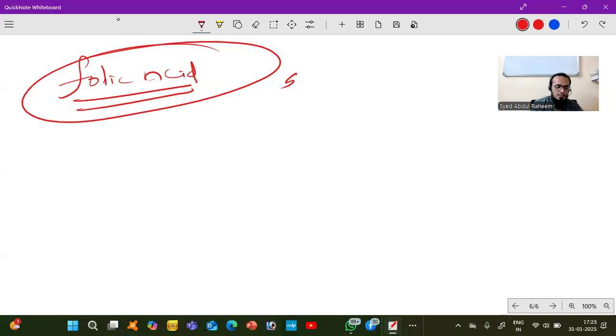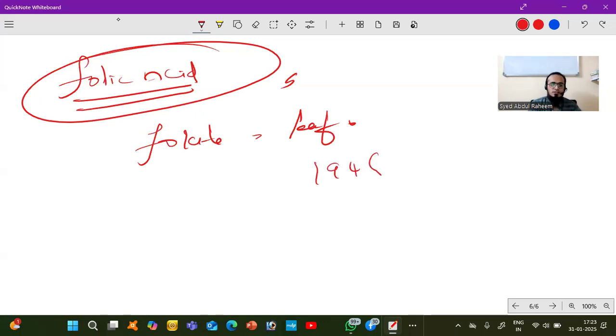Folic acid, actually its name is folate. It is a Latin word meaning leaf. Folate means leaf. Folic acid is an alternate name for folate. It was discovered in 1946.